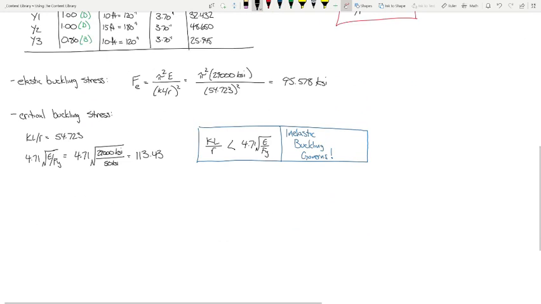And if inelastic buckling governs, therefore, our critical buckling stress is that exponent equation that y'all used in the homework, not the 0.877 FE. So it's 0.658 raised to the Fy over Fe, and all of that times Fy.